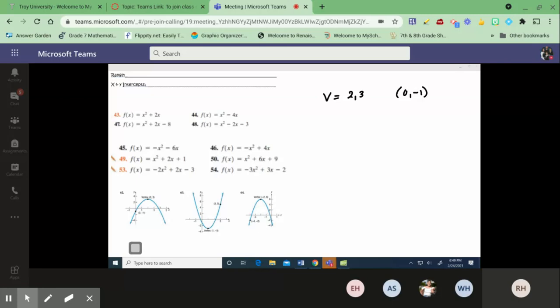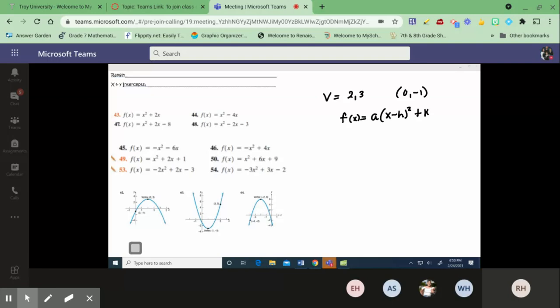First piece of information I got to find out is what's A. I'm going to use f of x is equal to a times x minus h squared plus k. First step I want to do is make sure what number that a might be.